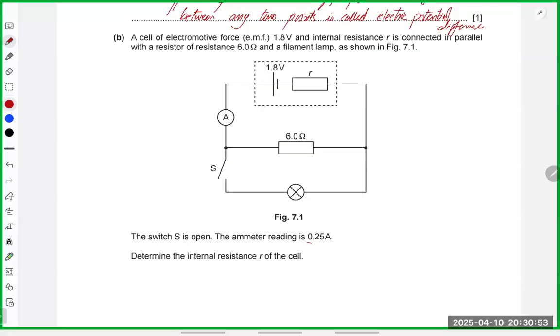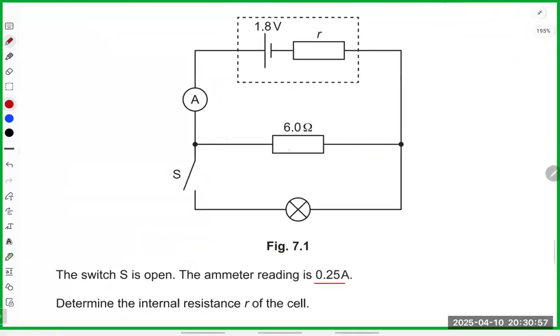S is open, ammeter reading is 0.25. So the potential difference for the 6 ohm resistor is V equals IR, 6 into 0.25, so it is 1.5 volt.